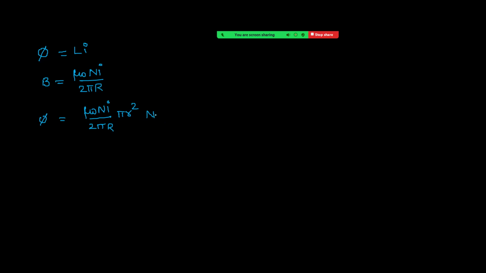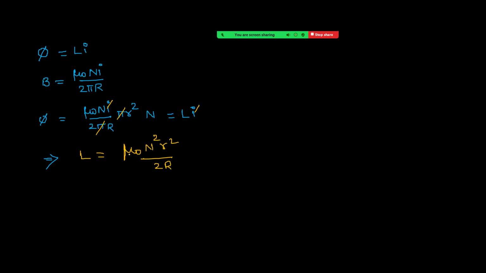And we know that this is equal to L into I. The current cancels, pi cancels, and what remains is L equals mu naught N square r square upon 2R.